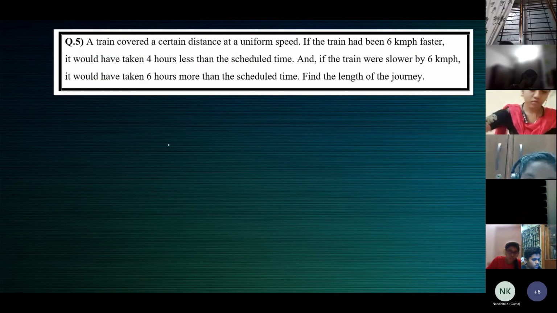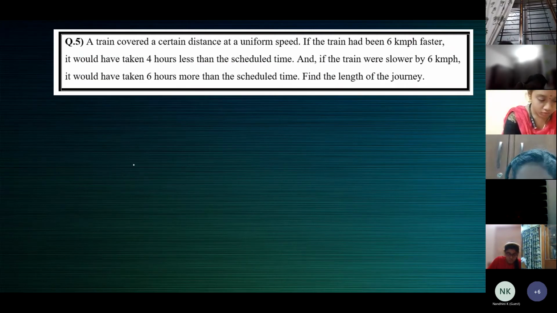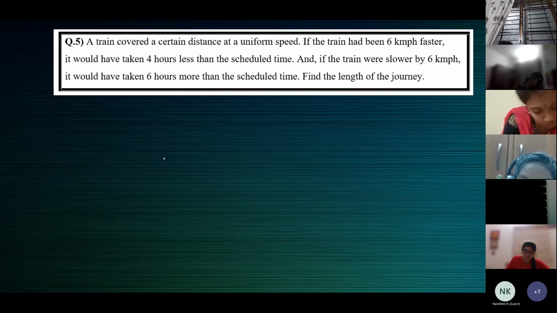A train covered a certain distance at a uniform speed. If the train had been 6 kilometers per hour faster, if the speed of the train is increased, then it will take less time, because more speed, less time.